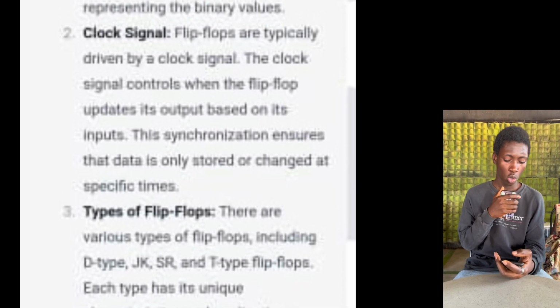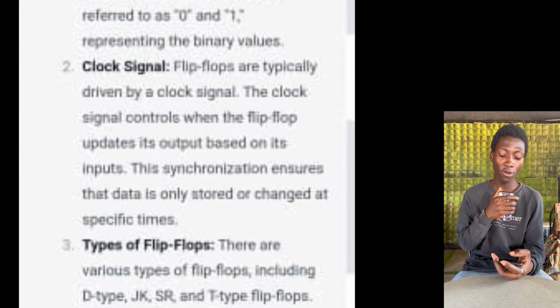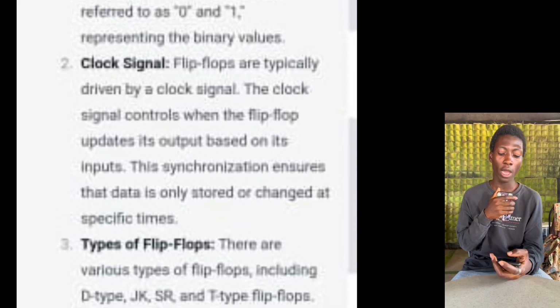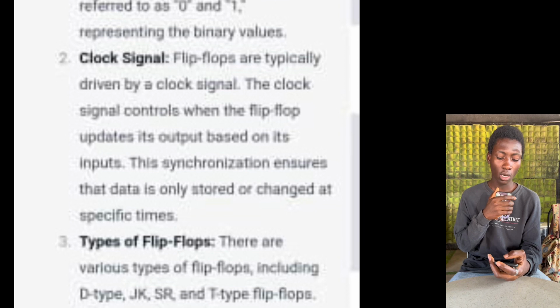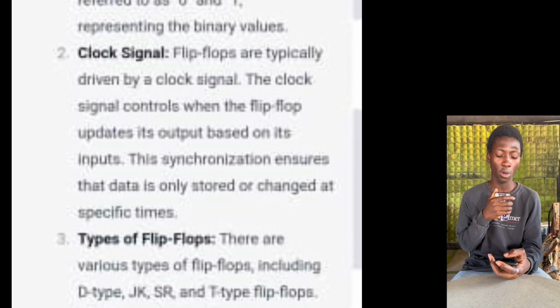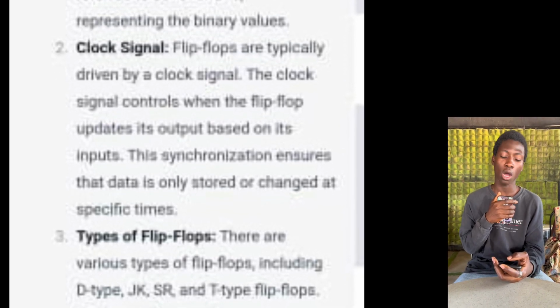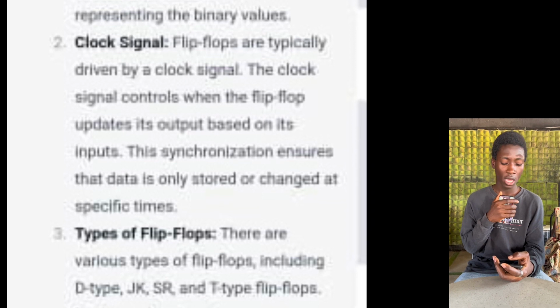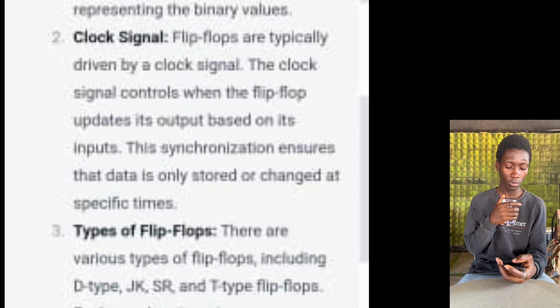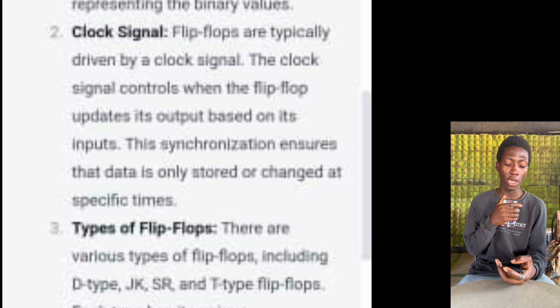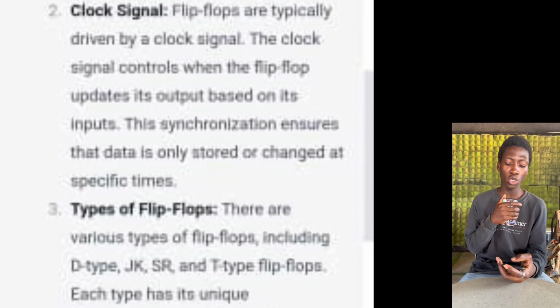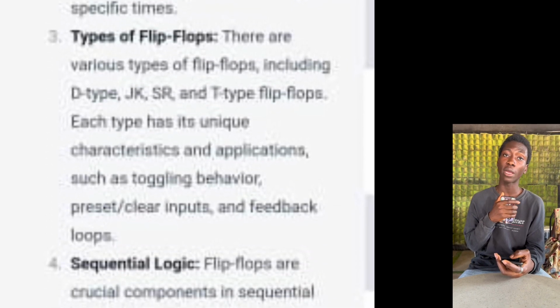Point 2, clock signals. Flip-flops are typically driven by a clock signal. The clock signal controls when the flip-flop updates its output based on its inputs. This synchronization ensures that data is only stored or changed at specific times.